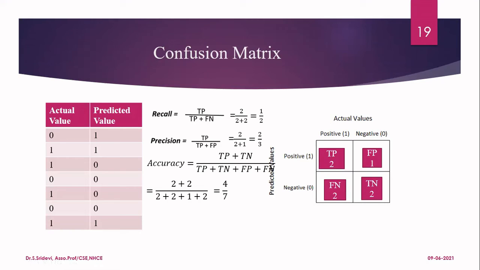Whenever the data set is not balanced, whenever the data set is imbalanced, we will never go for accuracy. What is the meaning of an imbalanced data set? When you go for a medical data set, you are going to a hospital, you are collecting a data set about cancer patients. When they give you the data set, suppose they give you details about 1,000 patients, it's not that all 1,000 patients' output will be cancer. Many will not have cancer.